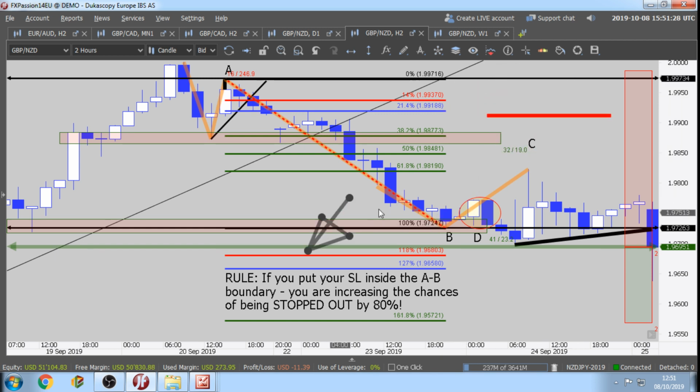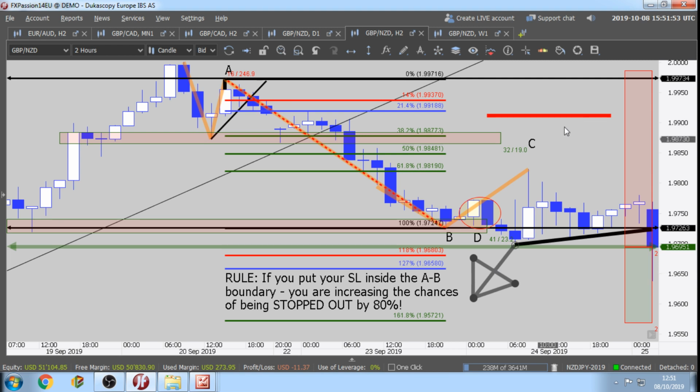It doesn't matter. If you put your stop loss inside the AB boundary, it doesn't matter uptrend or downtrend, you are increasing the chances of being stopped out by 80%. Why 80%? I have no idea. This is the statistic from the researchers, but it's out there on the internet. You can check upon this.